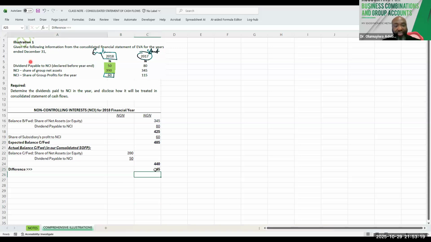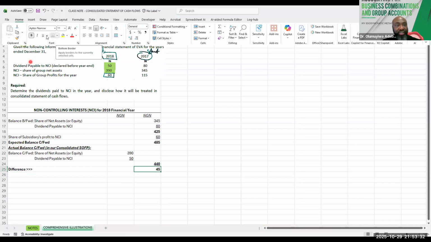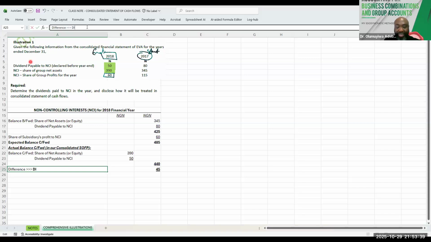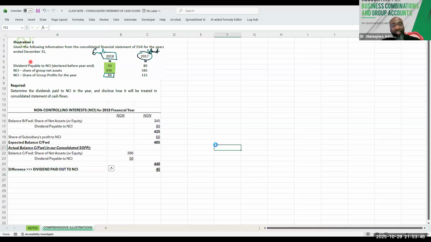And the only thing that will have reduced the amount from 485 to 440 is the dividend that has been paid out to non-controlling interest. And that is how we arrive at our position here.